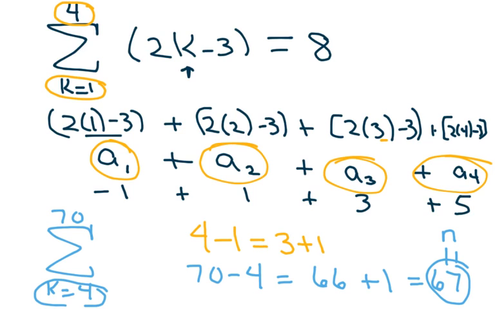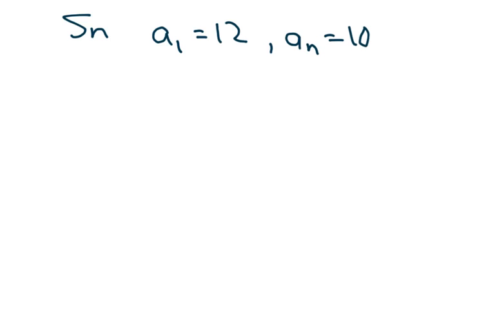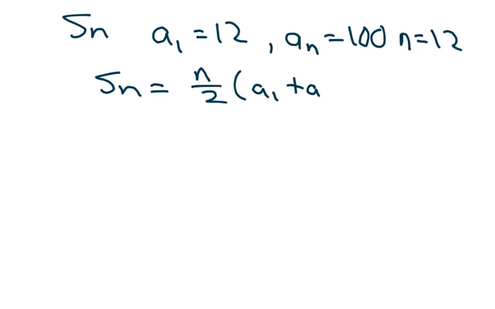So just remember, we didn't have 3 terms here. We had 4. Okay, so let's do some problems. We want to find S of n, where a sub 1 is 12, a sub n equals 100, and n equals 12. Well, simply, since we have everything we need, we're just going to use this formula and plug everything in.